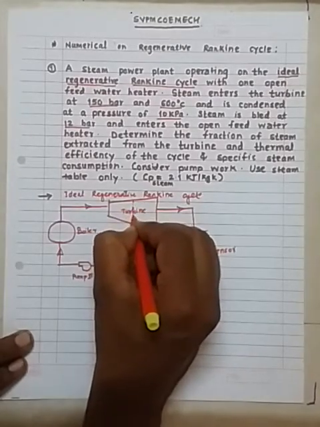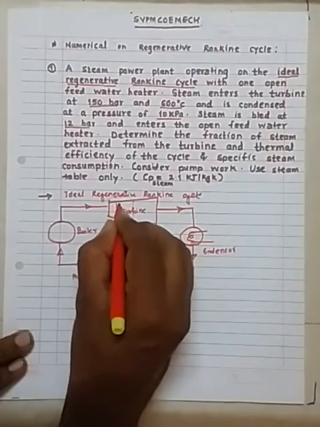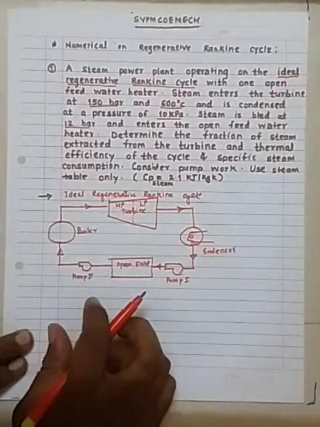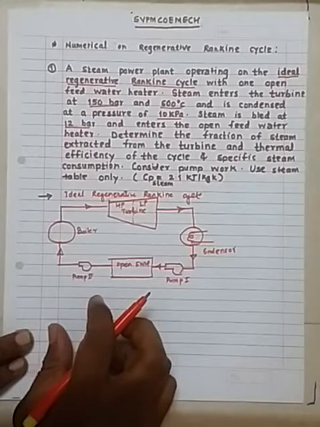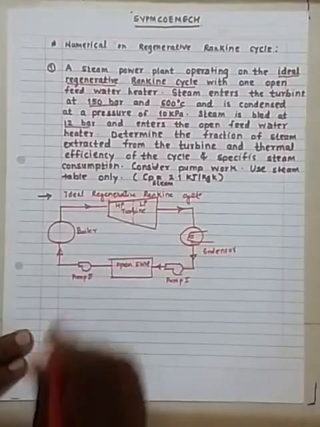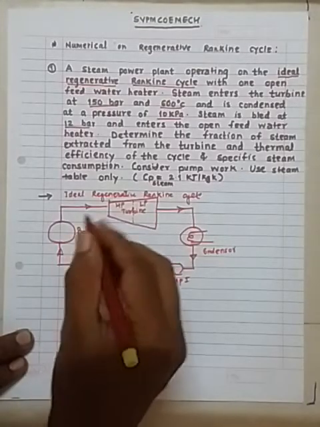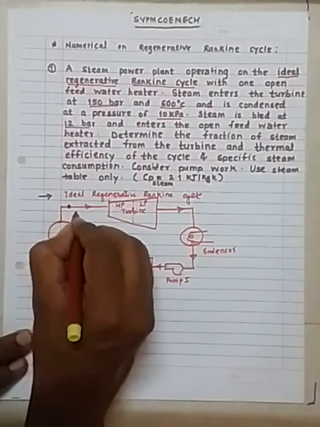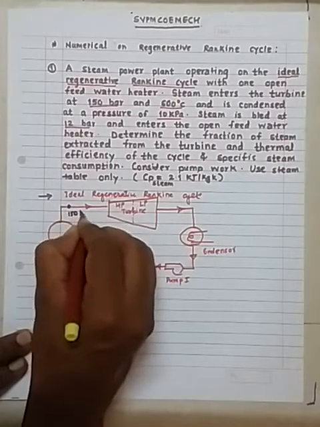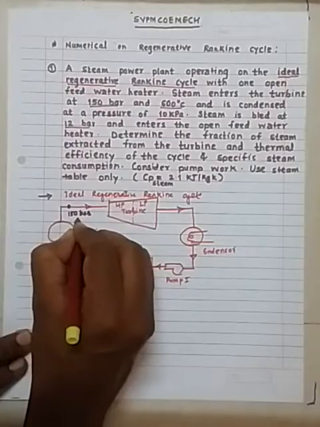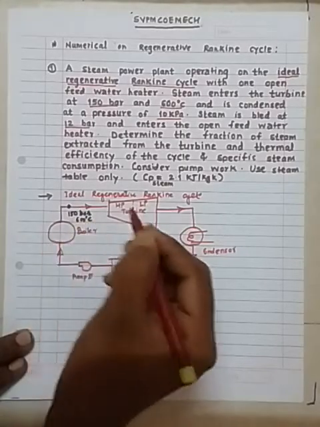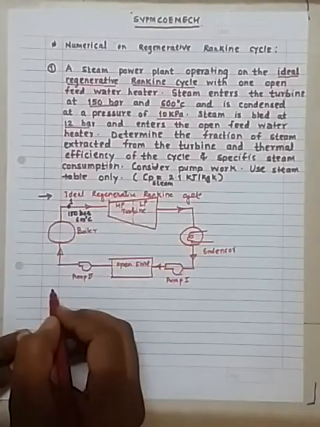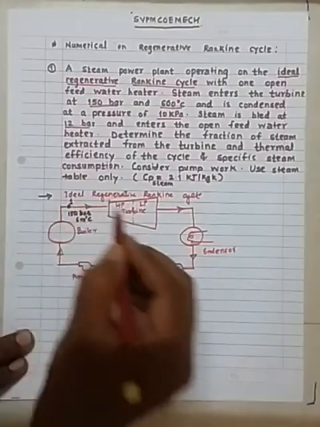Now when I am considering the turbine, we are considering this as the HP and this as the LP turbine section. Now as we are considering that before entry to the turbine the steam pressure and temperature are 150 bar and 600 degree centigrade, the state of the steam I am expressing with thermodynamic state point 1.